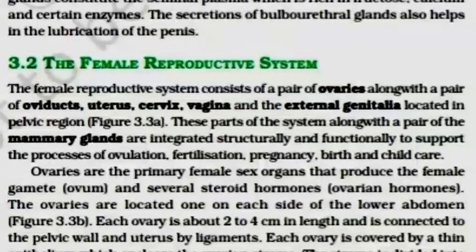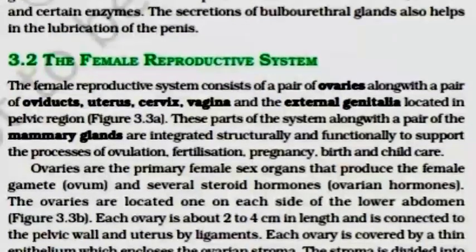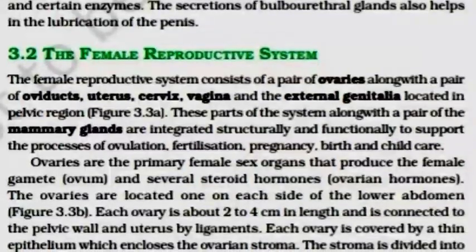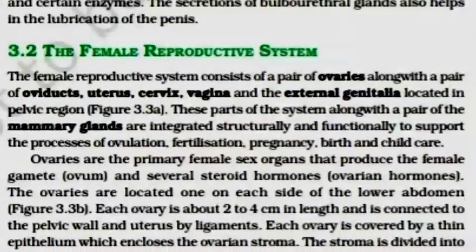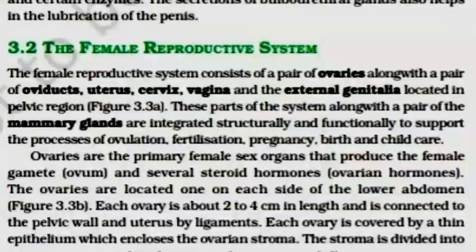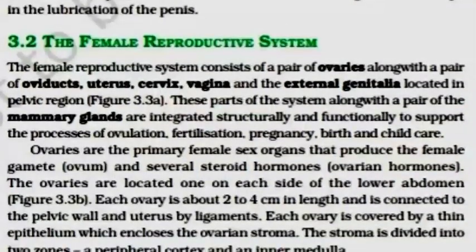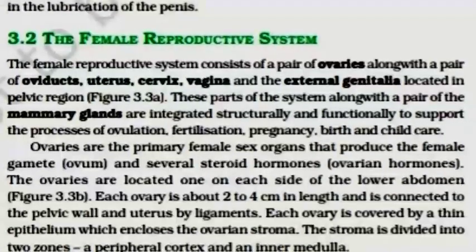Ovaries are the primary female sex organs that produce the female gamete, ovum, and several steroid hormones, ovarian hormones. The ovaries are located on each side of the lower abdomen.